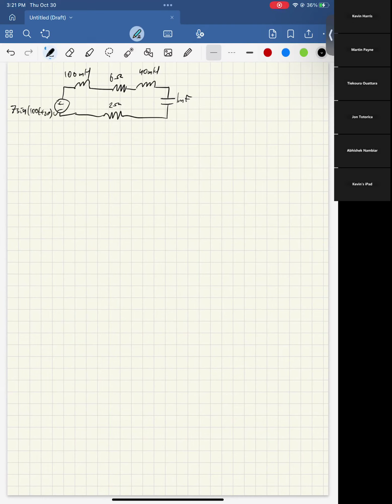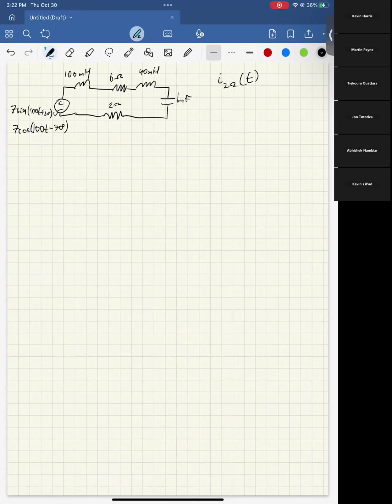So the first thing that we're going to do, oh, and the question is asking for what is i of the 2 ohm resistor of t. So the first thing we're going to do before we look at anything is turn this into a cosine because cosines are better. So you just subtract 90 from this 20, so it's going to be minus 70 degrees. So we're doing that first.